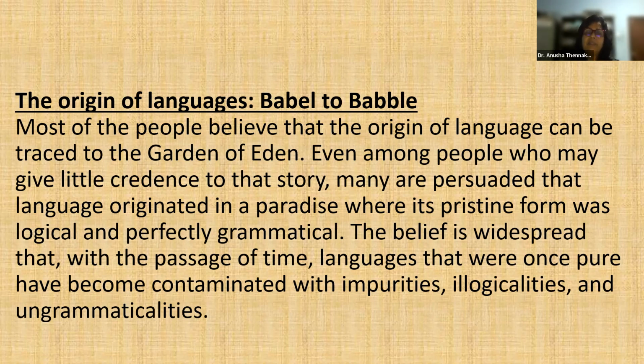There may be lots of differences. It's okay. According to Christianity, God created a man and a woman, and he put them in a place called Garden of Eden. So when people talk about the origin of language, they think the origin of language also goes back to the Garden of Eden.